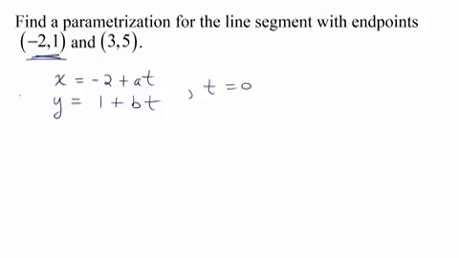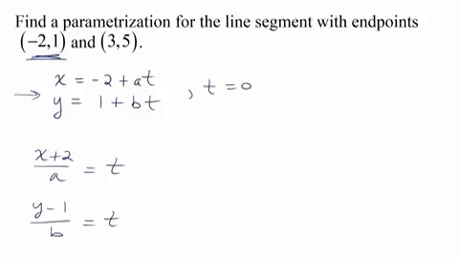Now let's take each of these equations and solve them for t. Solving the x equation for t gives us x plus 2 over a is equal to t, and solving the y equation for t, we get y minus 1 over b is equal to t. Now we'll let the increment of t increase by 1.